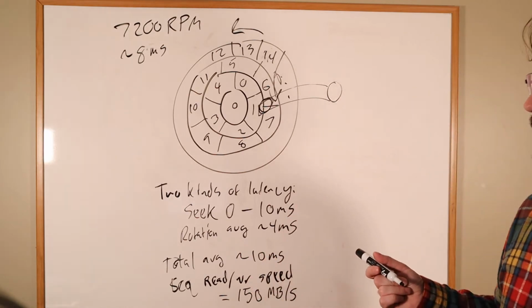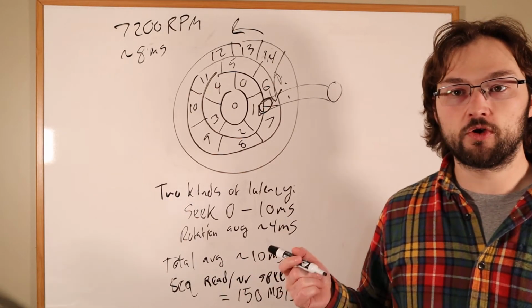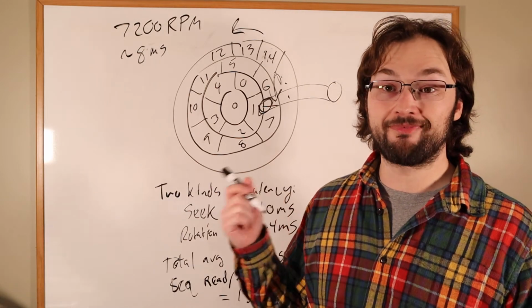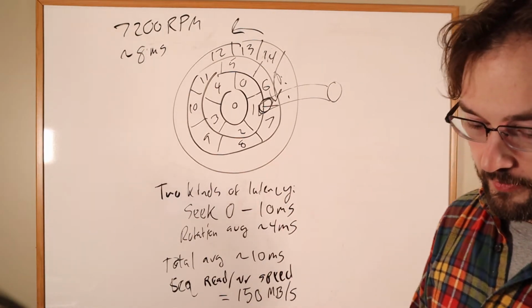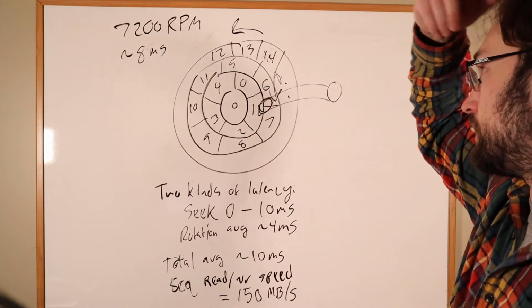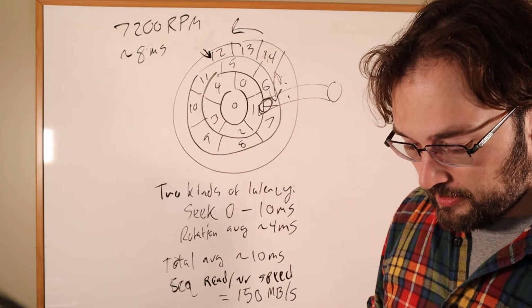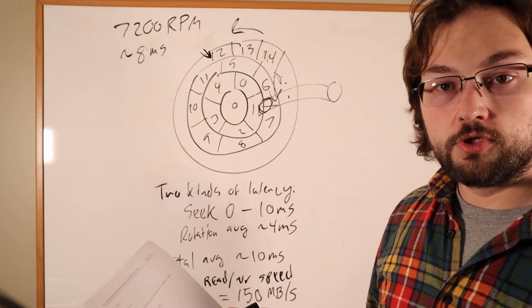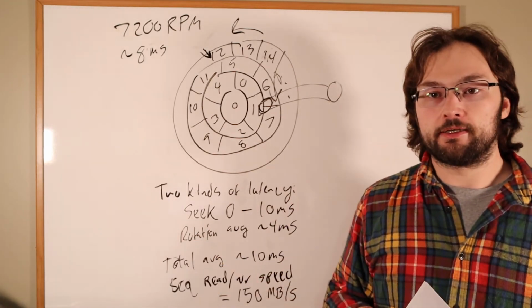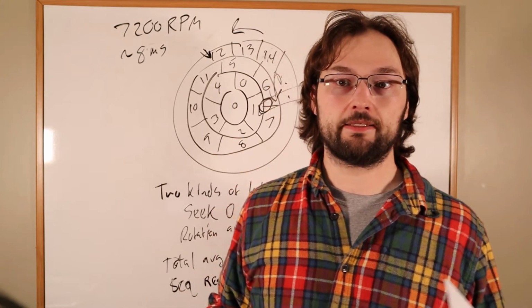The other case is what happens if we want to do a random read of 150 megabytes. And that raises the next question, which is how big is one of these disk blocks? Traditionally on hard drives, disk blocks were 512 bytes.